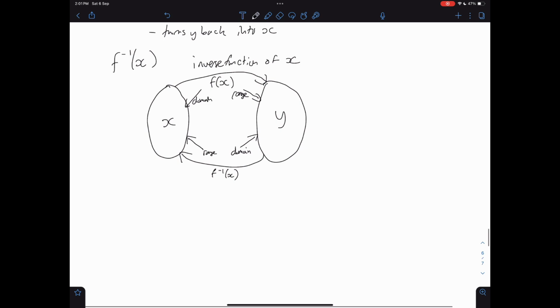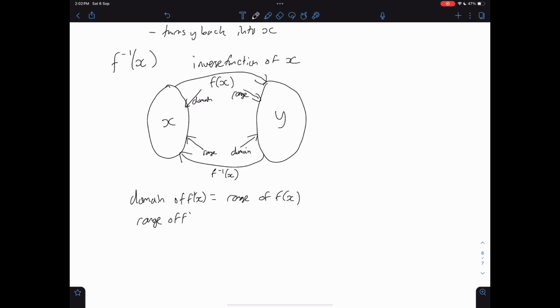So the domain of f inverse of x is equal to the range of f of x. And likewise the range of f inverse of x is simply the domain of f of x. That can be very helpful in solving problems.